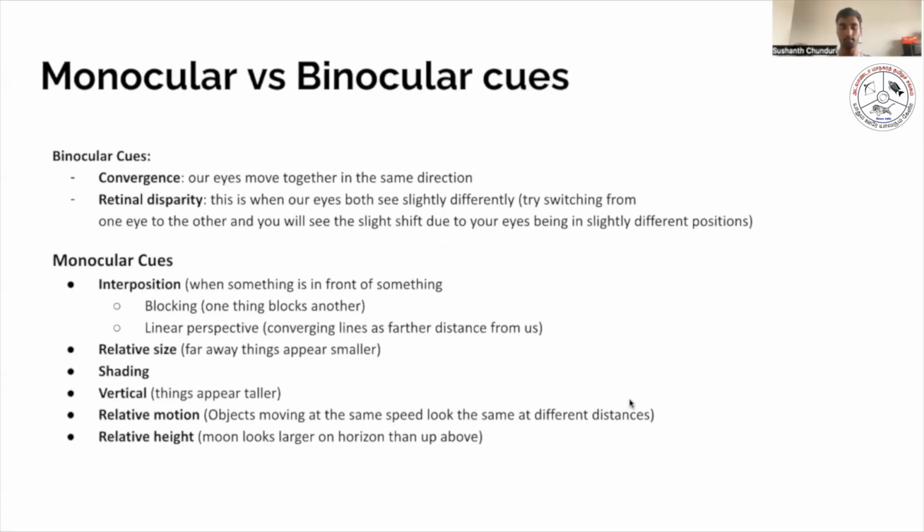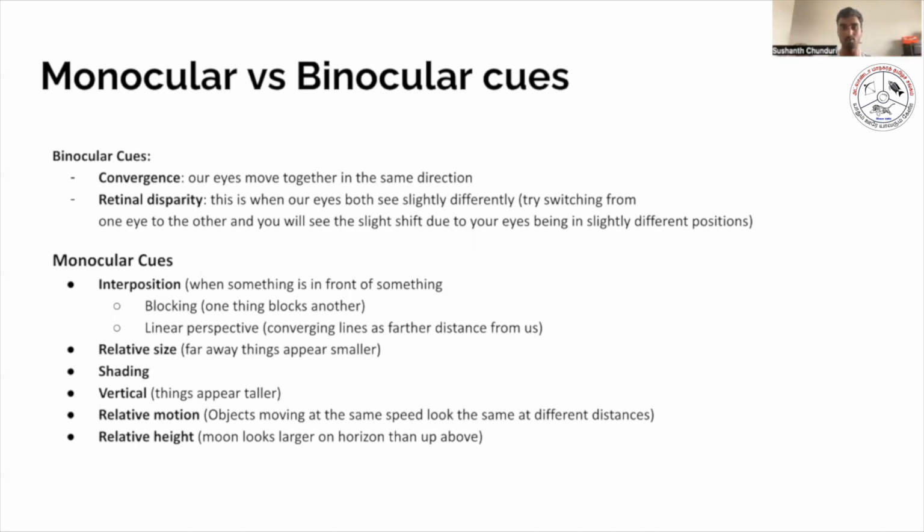Another important thing is monocular versus binocular cues, and this is essentially how we navigate our world through vision. There are really two binocular cues that you can use. One is convergence, which is when you look with your two eyes, there's a spot where those two eyes converge, and our eyes will move in the same direction and see the same things.